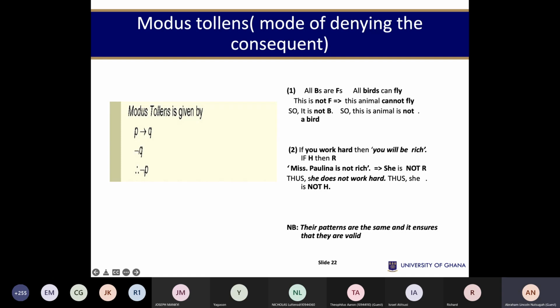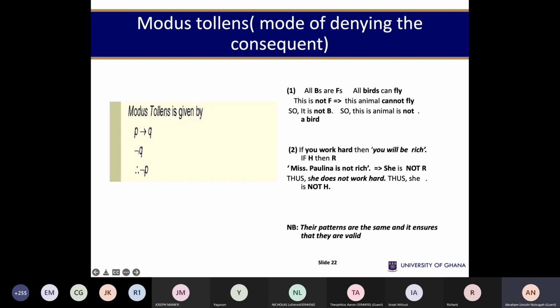So let's look at the second example here. If you work hard, then you will be rich. If H, then R. Now, we are saying that Paulina is not rich.